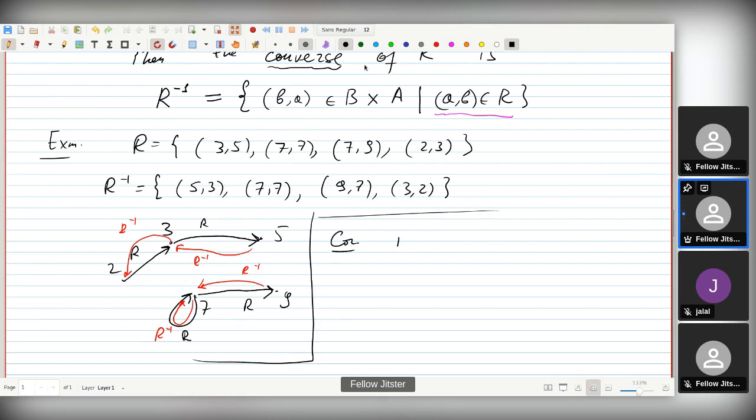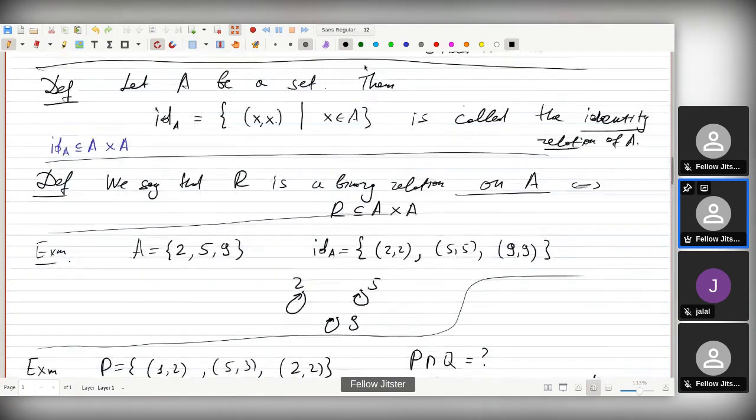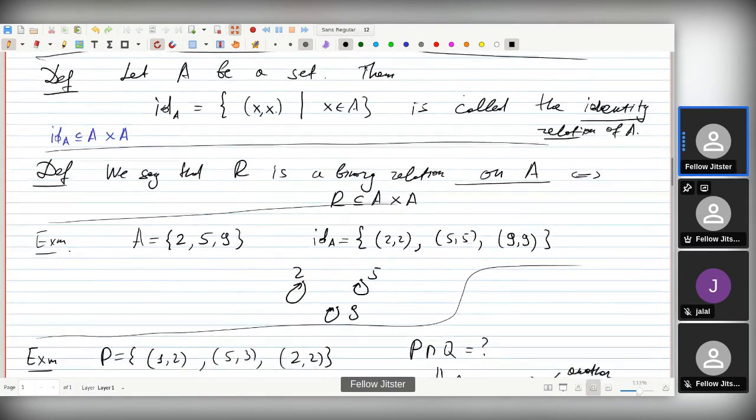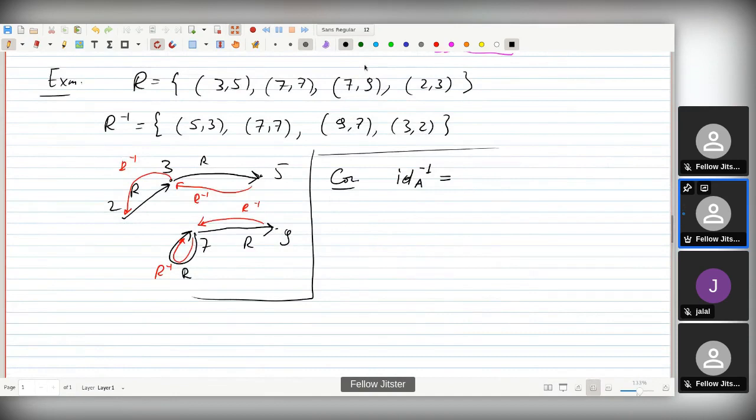As a corollary, let us explore what is the converse of the identity relation. It consists of all such pairs as (2, 2), (3, 3). The identity itself. Yes, it doesn't change.